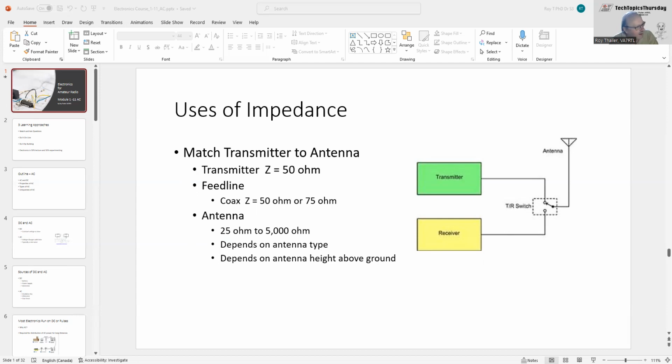And then the antenna can range from 25 to 5,000 ohms, and it depends on the antenna type. When we talk about antennas, we'll talk about impedance, and it also depends how high your antenna is off the ground. So you want to match this so you get the maximum signal going out of your transmitter.